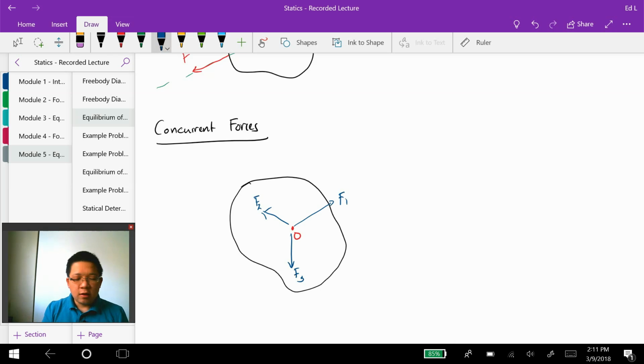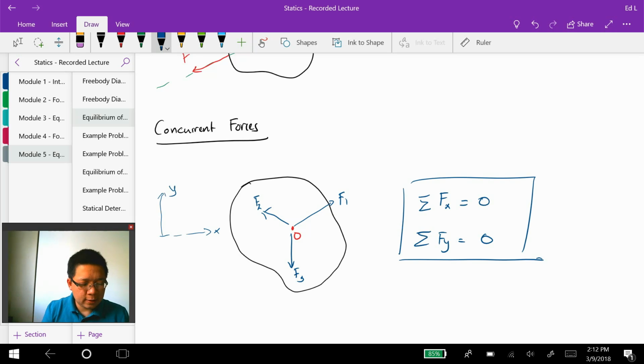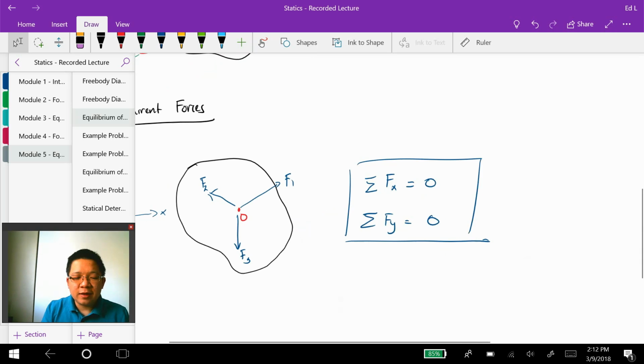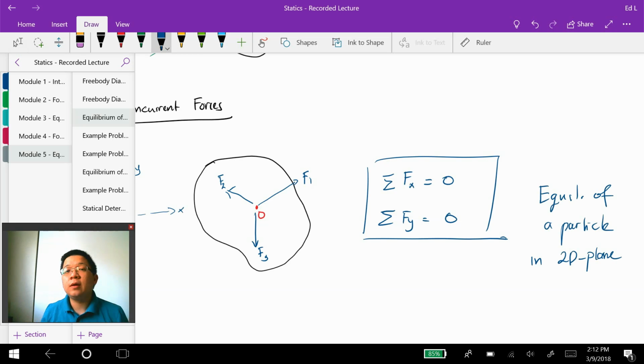For this system of forces, we can write two equilibrium equations. If this is the x and y axis, those equations are the sum of forces in the x equal to 0 and the sum of the forces in the y equal to 0. If you see these equations, they are similar to the equilibrium of a particle in the 2D plane.